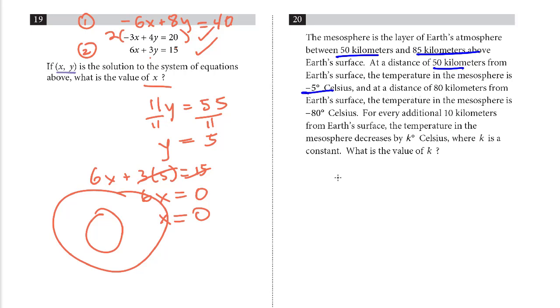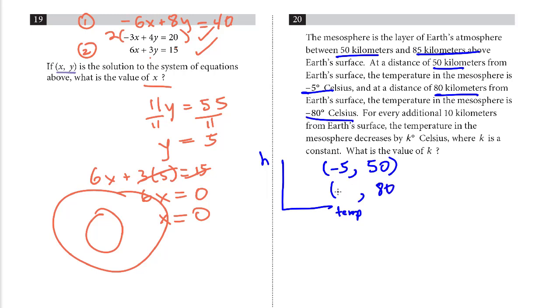Okay, so if we created kind of a graph here of height and temperature, we would have minus 5 for temperature on the x value for a height of 50 kilometers on the y value. At 80 kilometers, that's a y value of 80 kilometers, our temperature is minus 80, all in degrees Celsius.